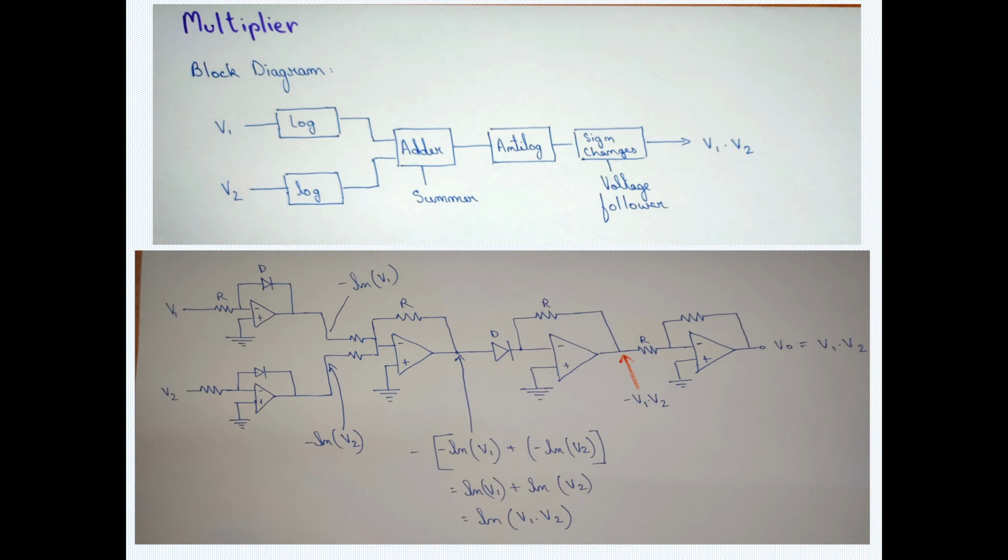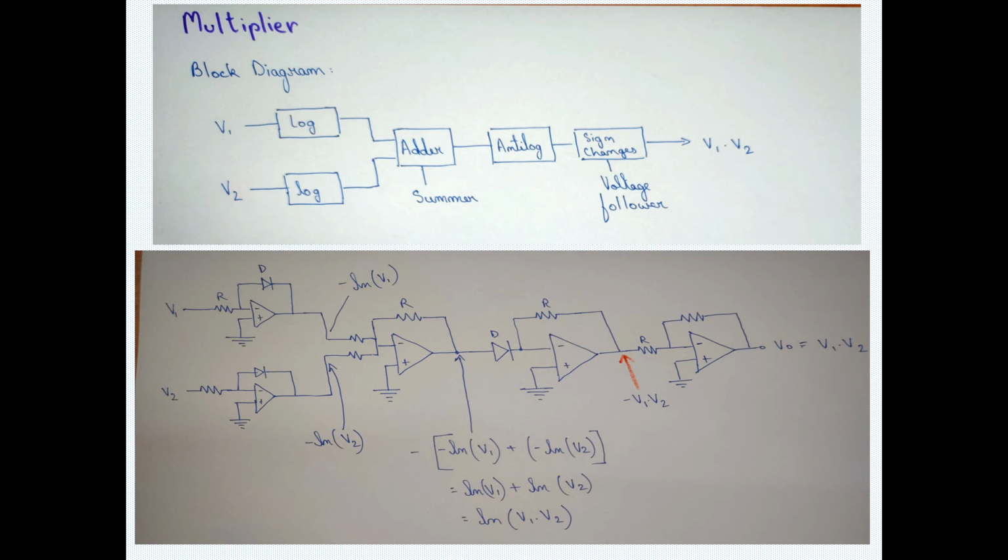Op-amp multiplier circuit. First we'll see the block diagram. Here the two inputs V1 and V2 will first go to their respective log amplifiers, and after that the two outputs will go to the adder amplifier, which will add the two inputs.